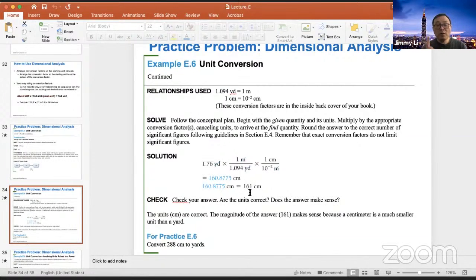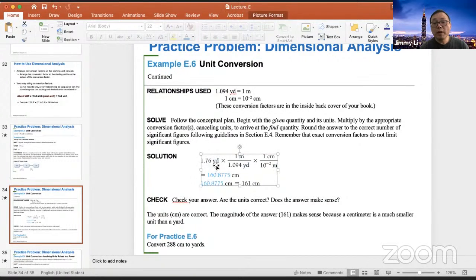The second thing here, when you check your answers, you need a reasonable answer, because yard is a larger unit and centimeter is a smaller unit. So when you convert from a larger to a smaller unit, your number should go higher. On the other hand, when you convert from a smaller to a larger unit, the numerical value should be lower.